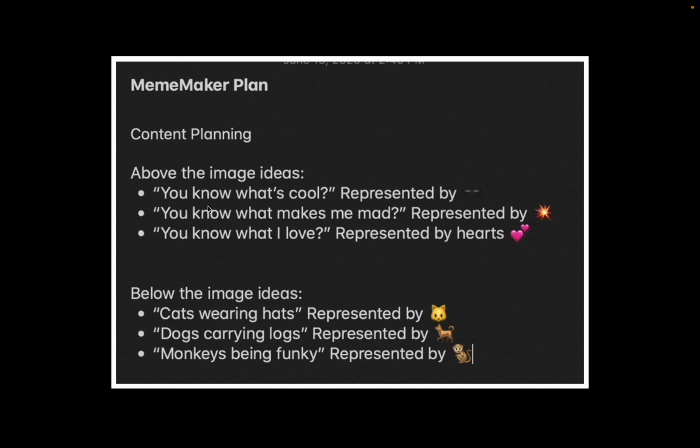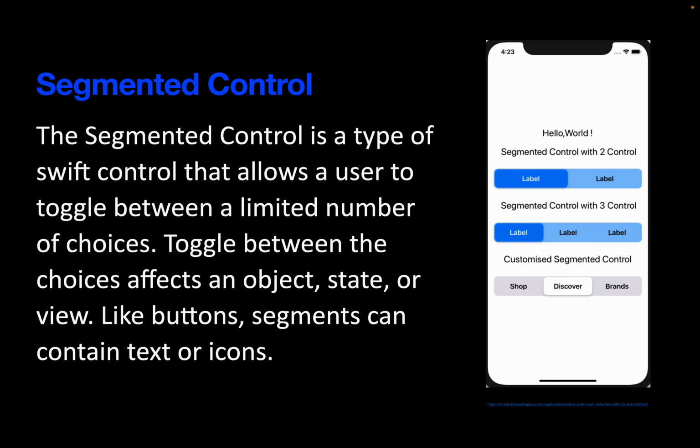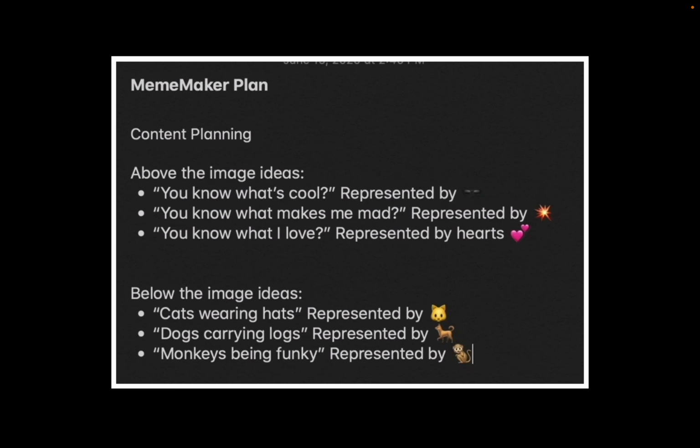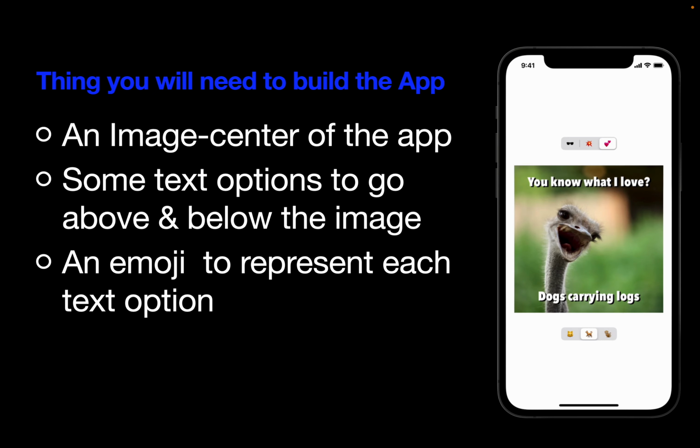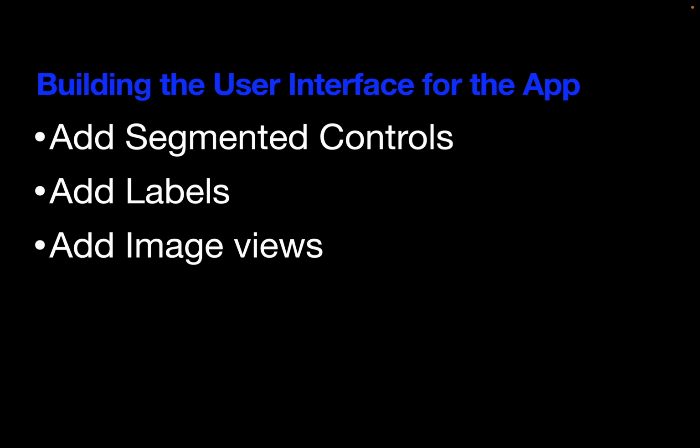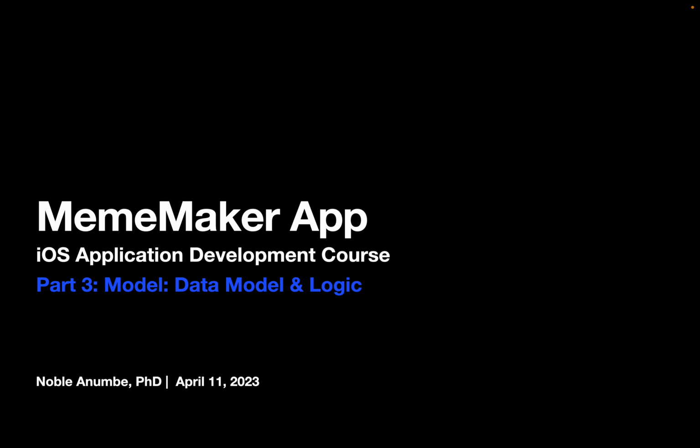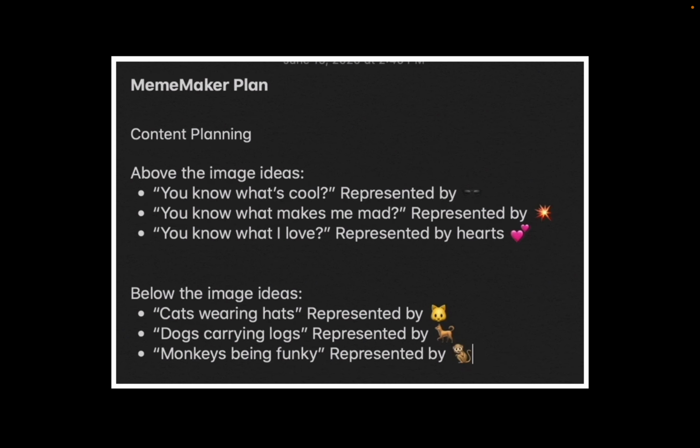So above the image you have all of this, and then below the image you have all of this. Let me go back and show you what your app would look like eventually, or something of this nature. At the top of the image you have some text, and at the bottom you also have some text, and that's where some of these ideas were generated.